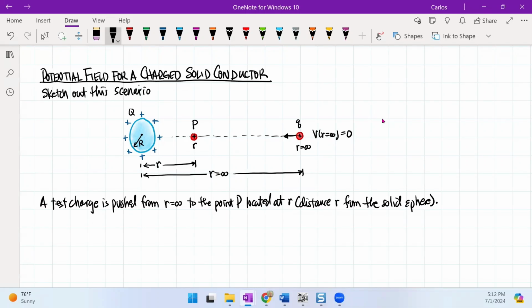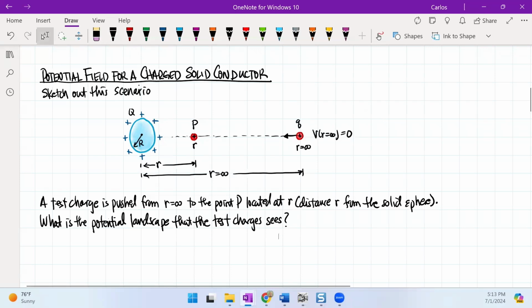So then the question that we're going to ask is, what is the potential landscape that the test charge sees? So here we go.